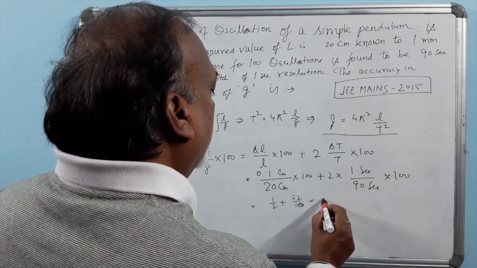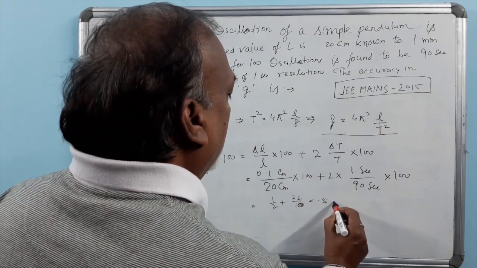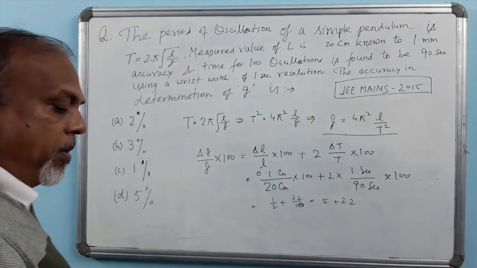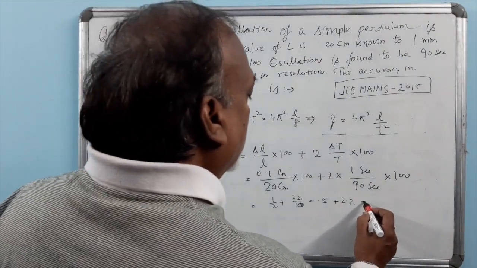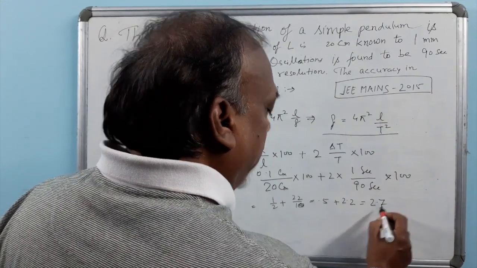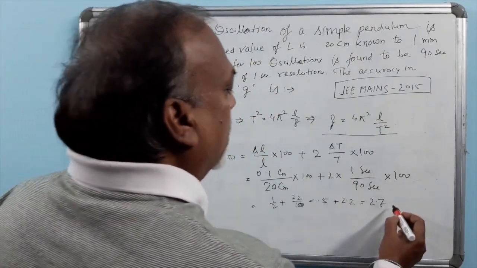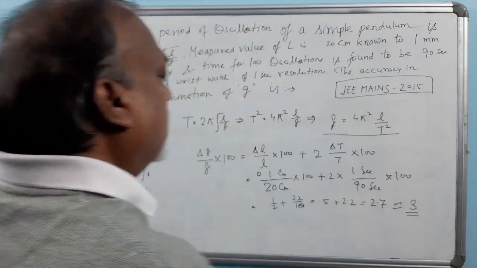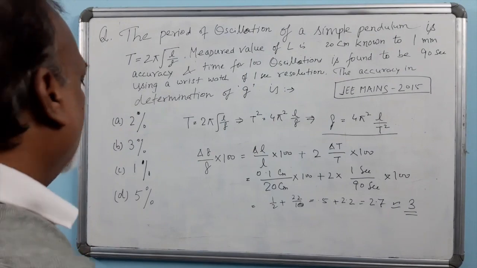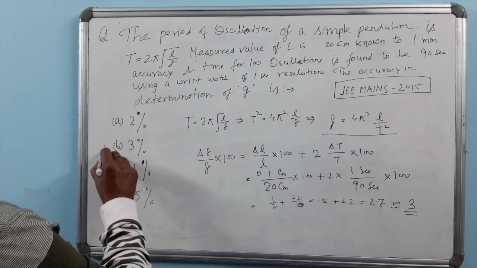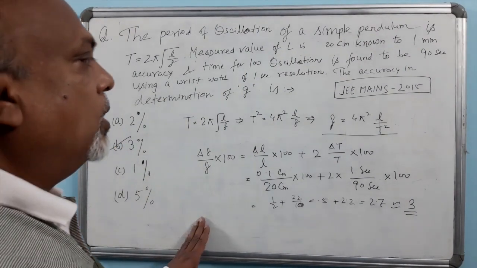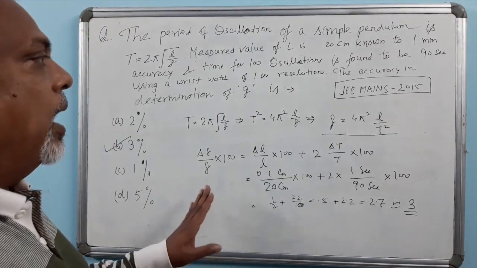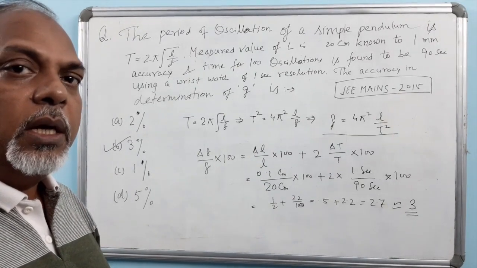This will be nothing but 0.5 plus 2.2, that is 2.7, or it's coming as 3. So the answer is this. This was a very simple problem, and now we will go to the next problem.